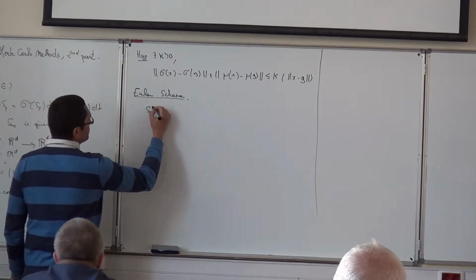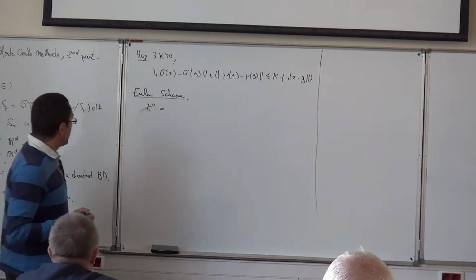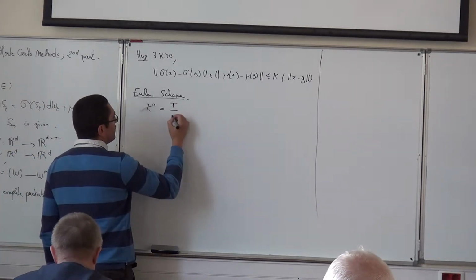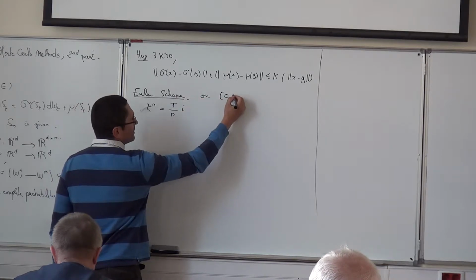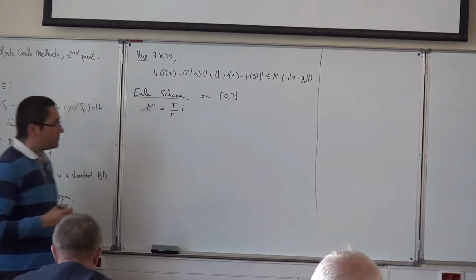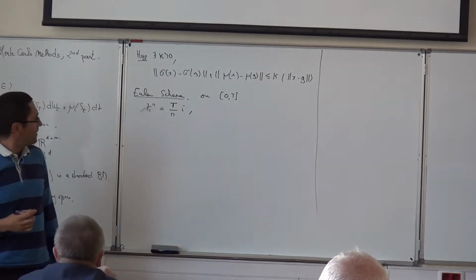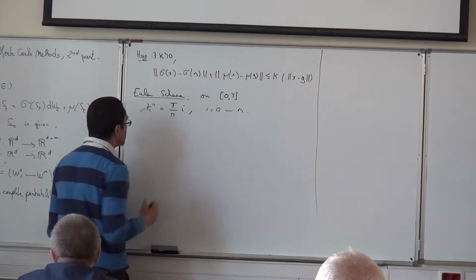Precisely, we introduce the discrete times t_i^n equals capital T over n times i, because we consider a time interval [0, T], and then we consider these uniform discrete times from i equals 0 to n.